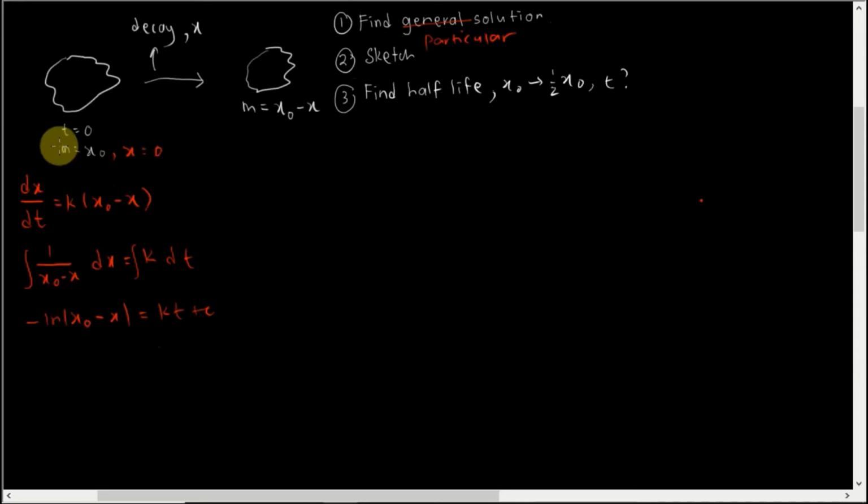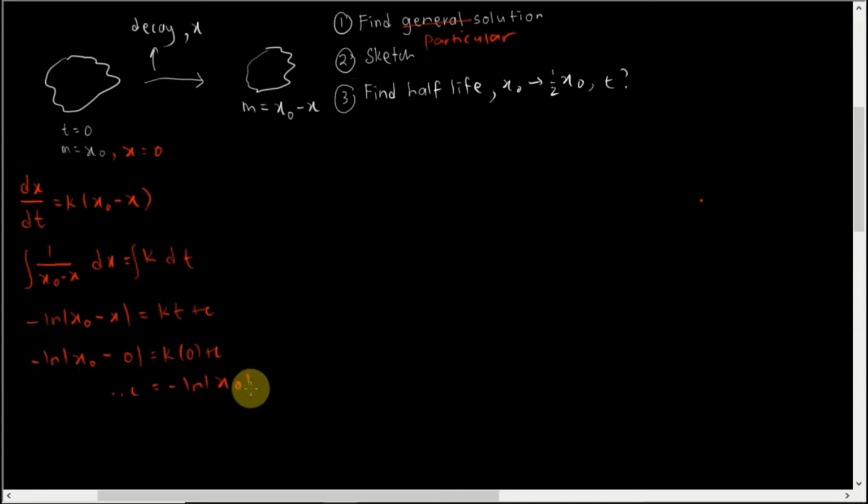Therefore, when t is 0, x is 0, this is your initial condition. So we can sub in this condition, x equals to 0, t equals to 0. So we get negative ln x naught minus 0 equals to k times 0 plus c. Therefore, our c is negative ln x naught.